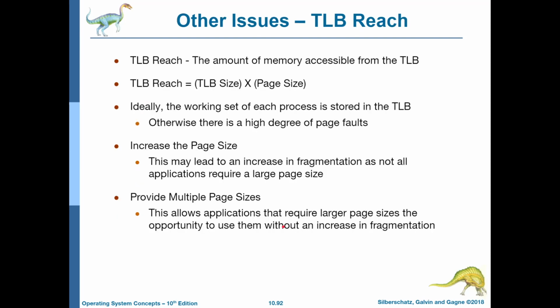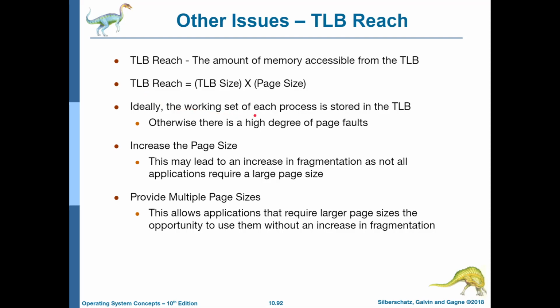Now, one thing that we need to concern ourselves with is TLB reach. TLB reach is the total amount of memory that is accessible from TLB hits. Basically, the size of our TLB times page size tells us how much memory can be accessed based on the TLB. So again, if we increase page size, we increase our TLB reach.